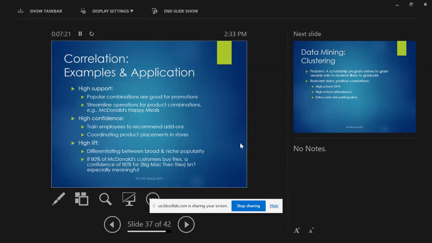People who buy the fillet of fish are much more likely to buy apple pies. So what do you do? Maybe you set up some equipment together to take account of that. Maybe you develop some combo scheme that you can advertise, right? You buy 2 fillet of fish, get 2 apple pies, something like that. But the point is, you recognize with lift that it's an unusually popular combination. Okay.